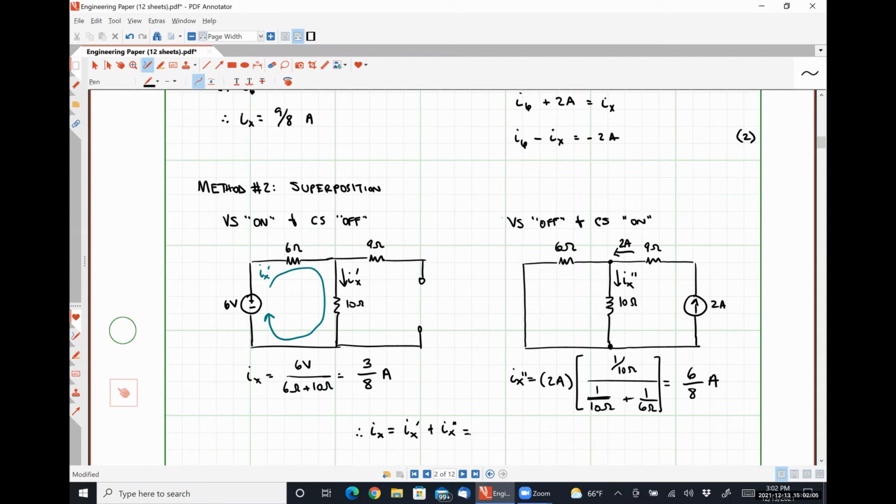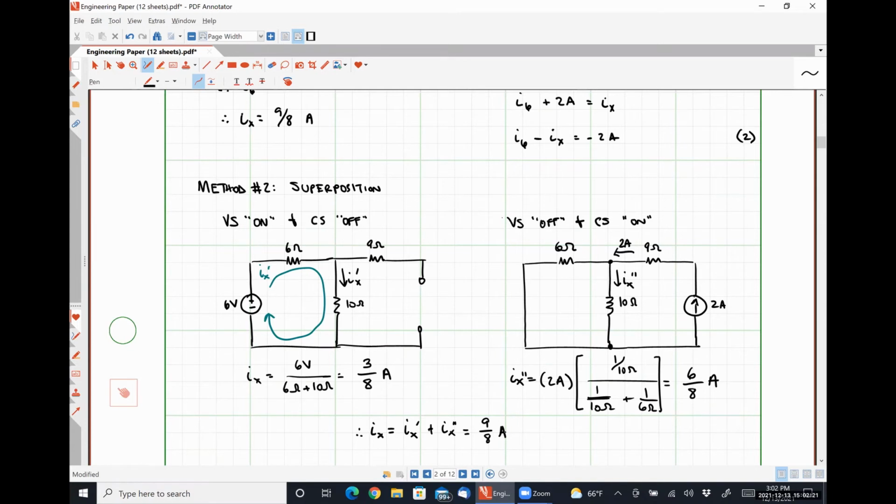So if we add these results, 3/8 and 6/8, we get 9/8 of an amp, which is exactly what we got analyzing the circuit with both sources on.